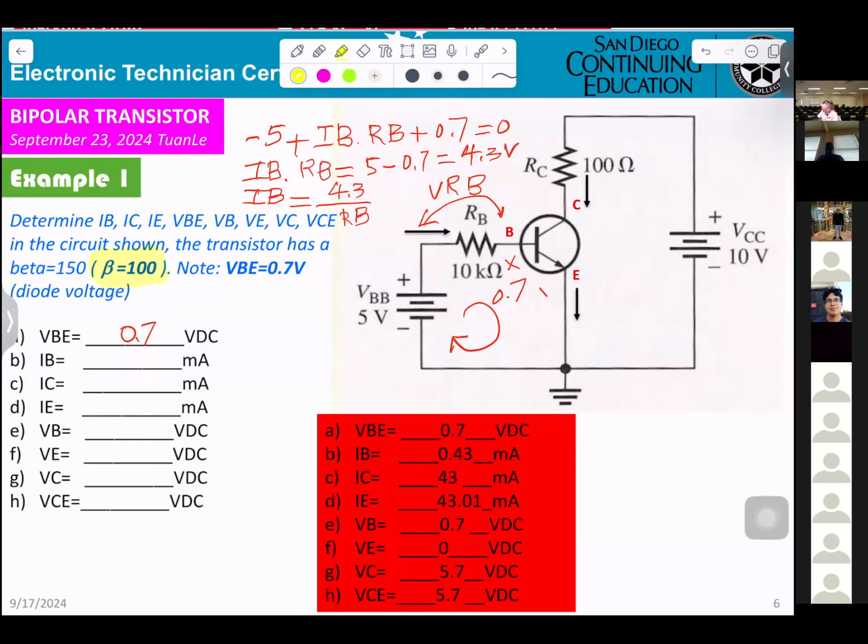IB equal 0.43 milliamp, correct or no? Yes, that's correct.